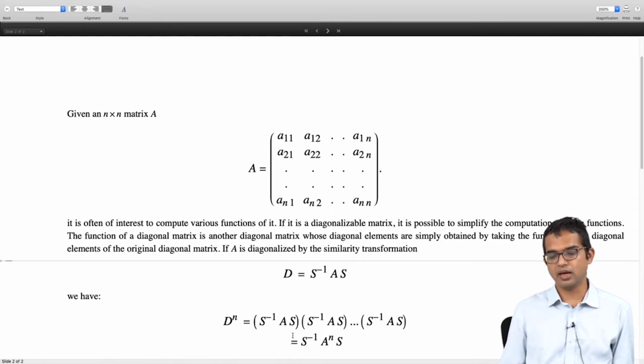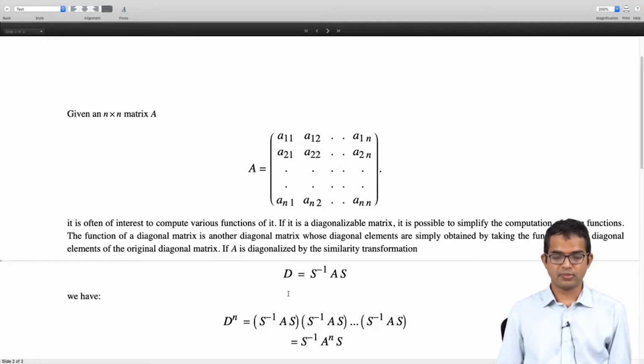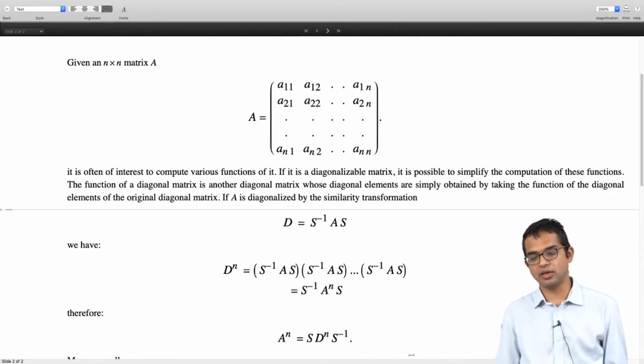So then you have A times A all the way up to the nth A, and you have an S, which you can group together, and you immediately see that this is the same as S inverse A to the n S, right? Now we can multiply left hand side and right hand side with S on the left side and S inverse on the right hand side, and rearrange terms, and you have A to the n is the same as S times D to the n times S inverse.